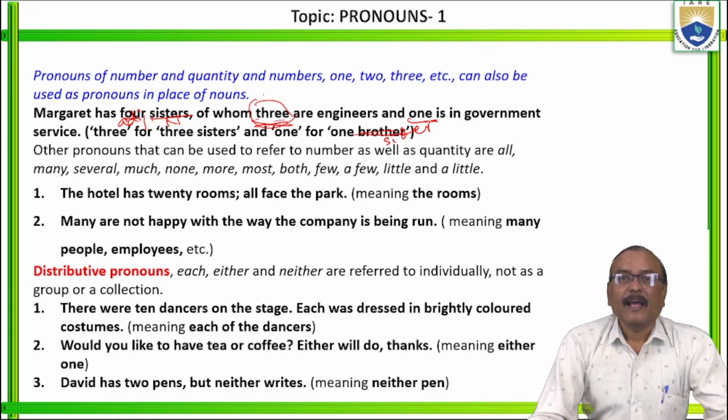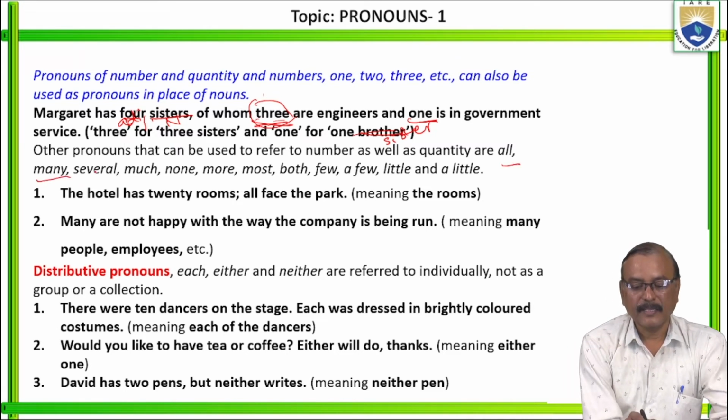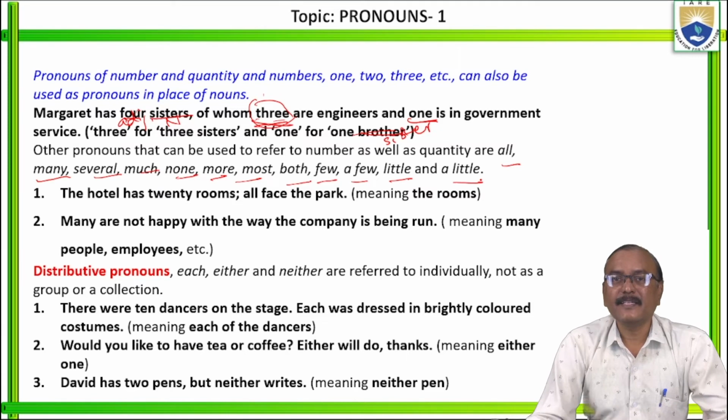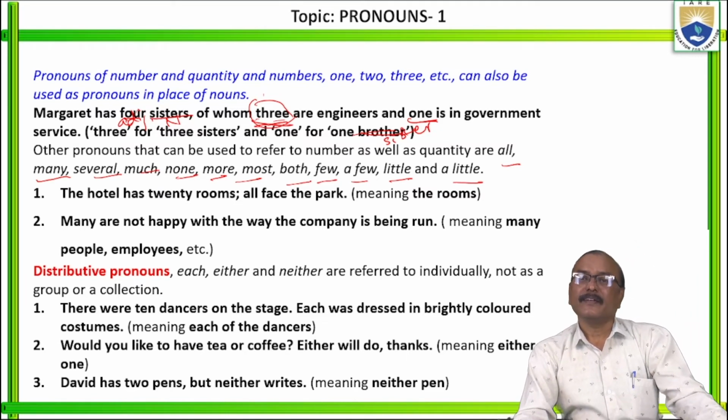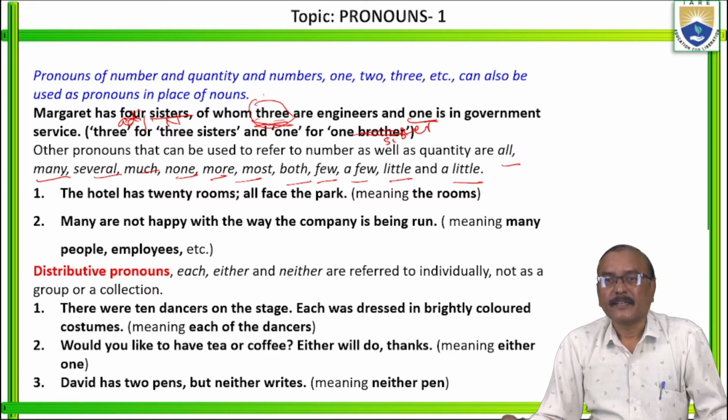Other pronouns that can be used to refer to number as well as quantity are all, many, several, much, none, more, most, both, few, a few, little, a little. These also often become pronouns.